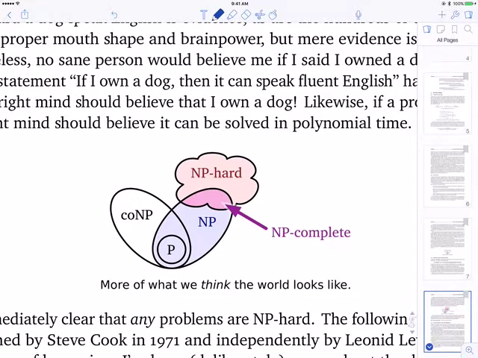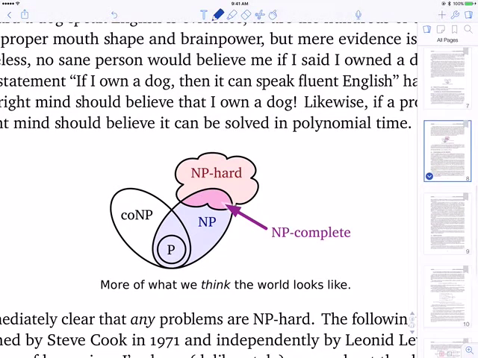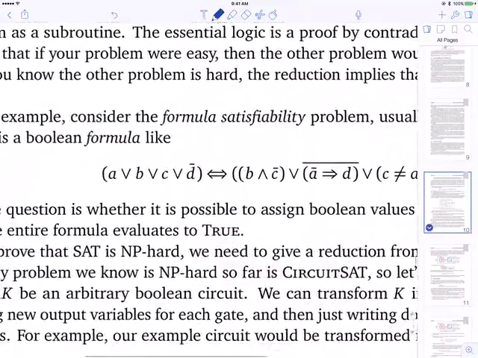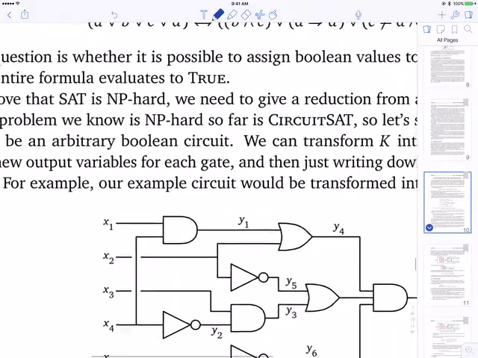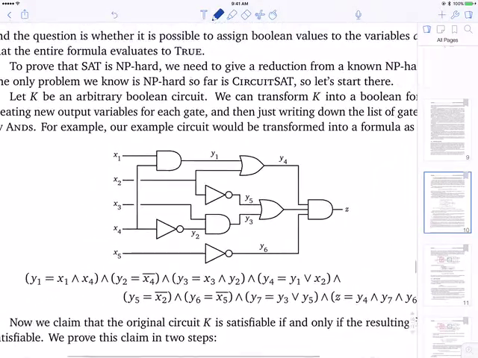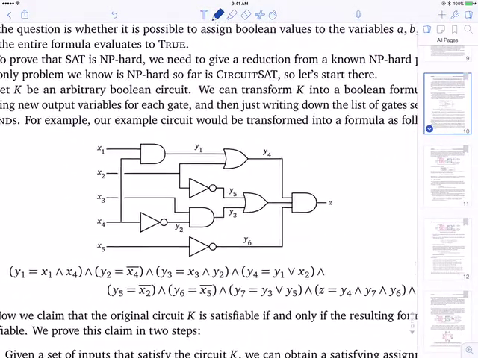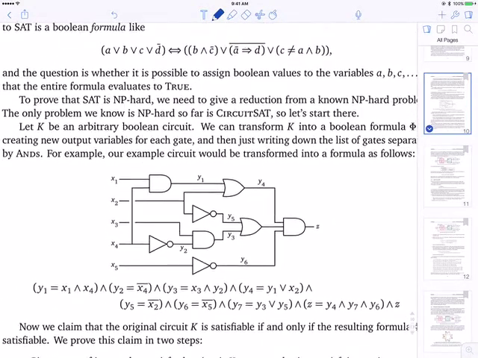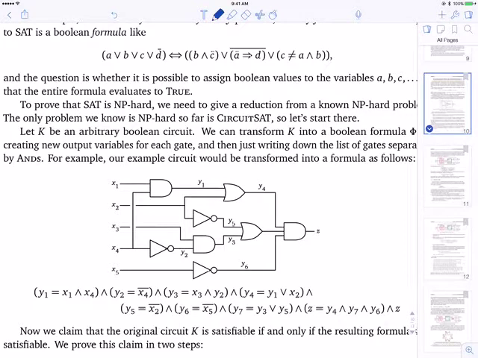And so the first one of these that I'm going to look at is something called formula satisfiability. I'm just going to show an example on the screen here.